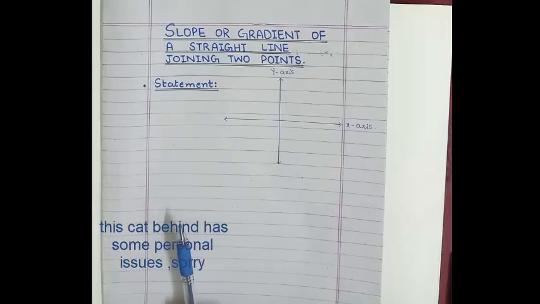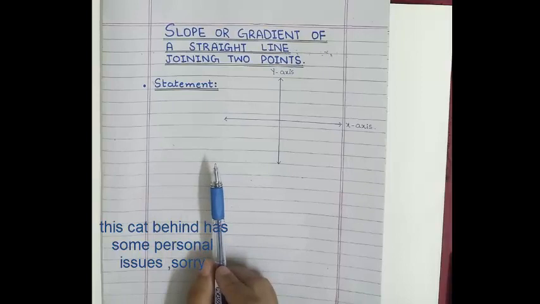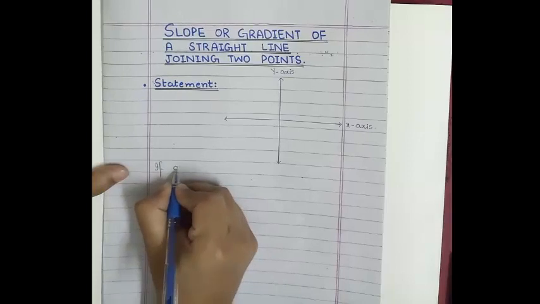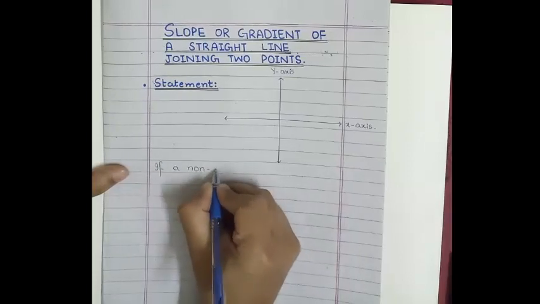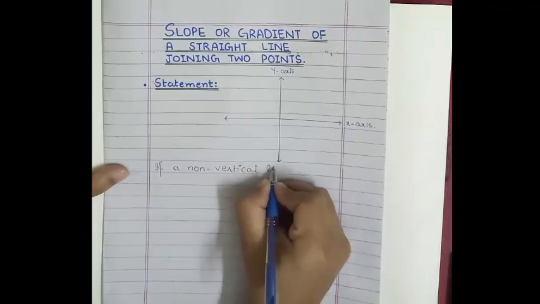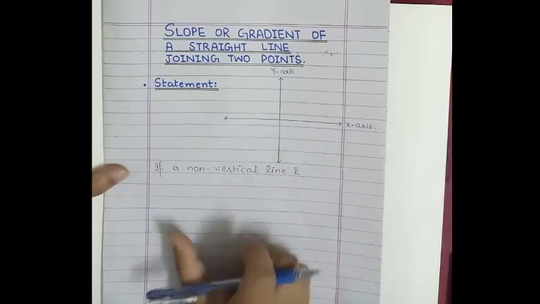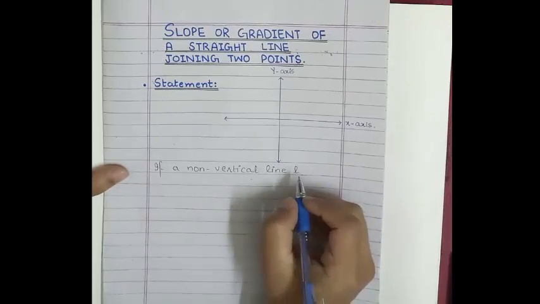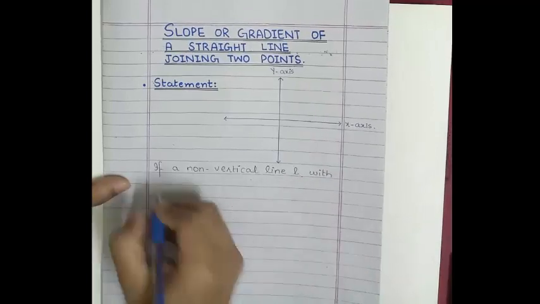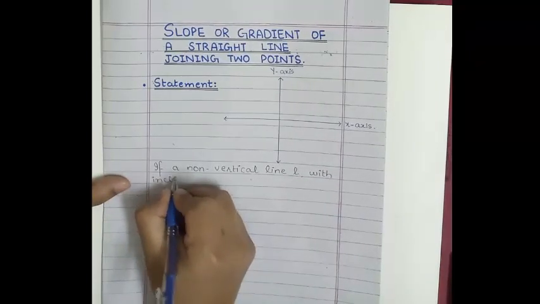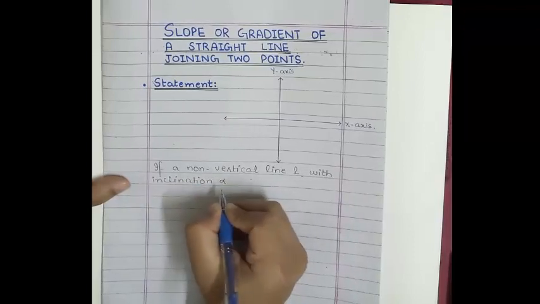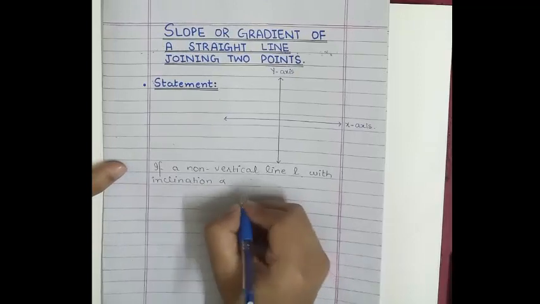The statement says, if a non-vertical line L with inclination alpha passes through 2 points.